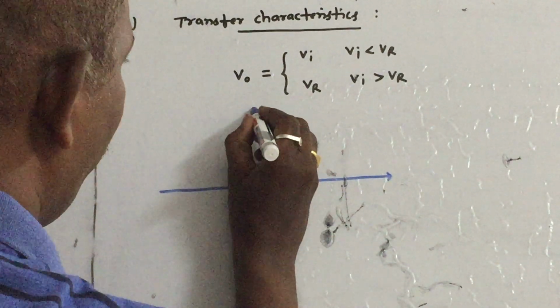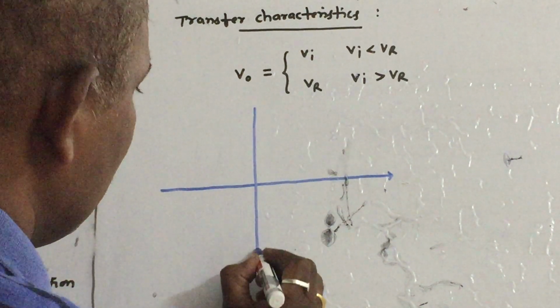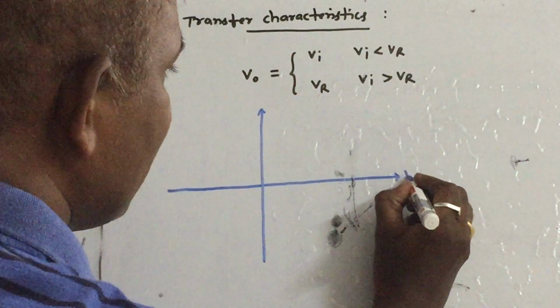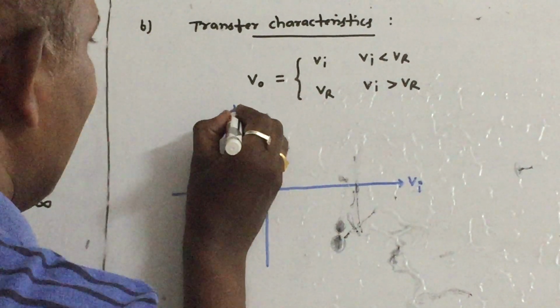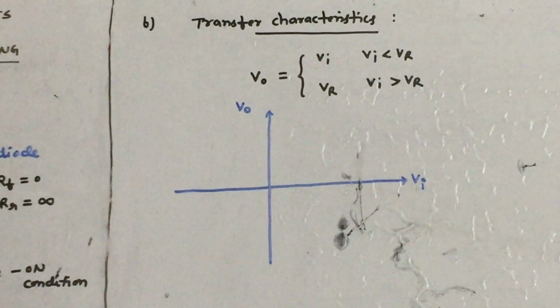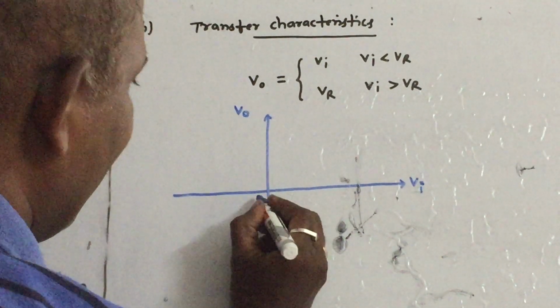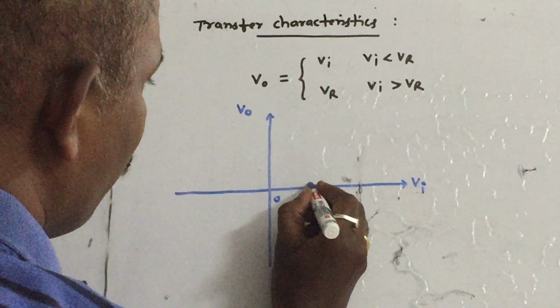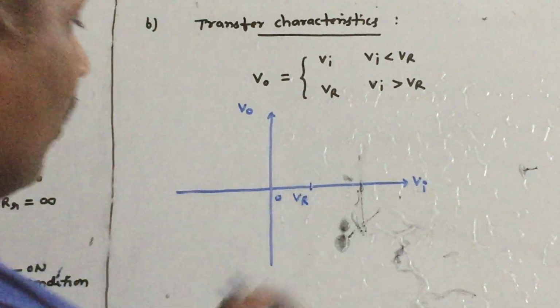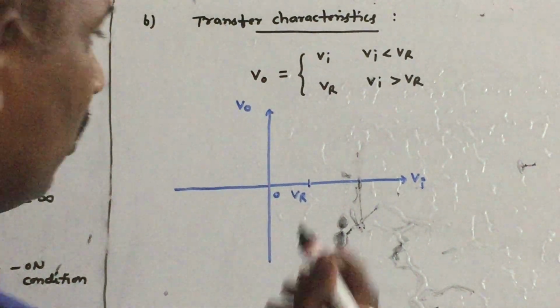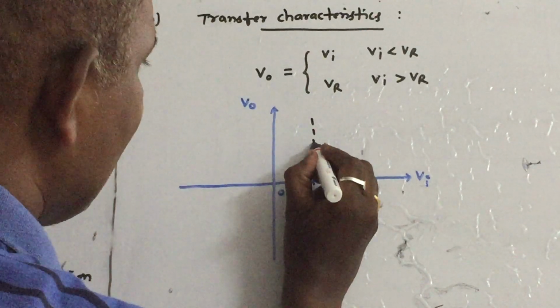Similar to the previous shunt clippers, let us take this as the input voltage and this as the output voltage. Somewhere you locate the reference voltage VR, and just mention the dotted lines there.